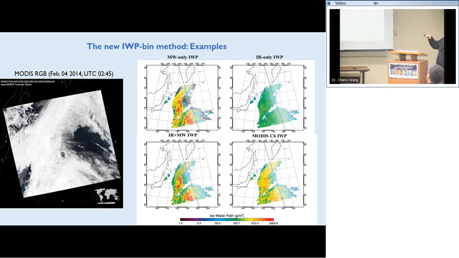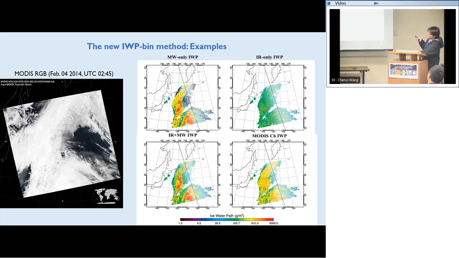Firstly, we use microwave-only retrieval. With this retrieval, you have very nice retrieval near the deep convection center in this region. But for this region, you have thin cirrus, and the microwave has no sensitivity to those very thin clouds.